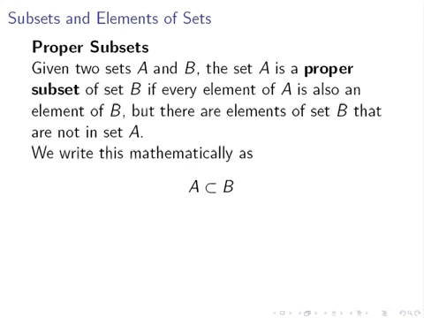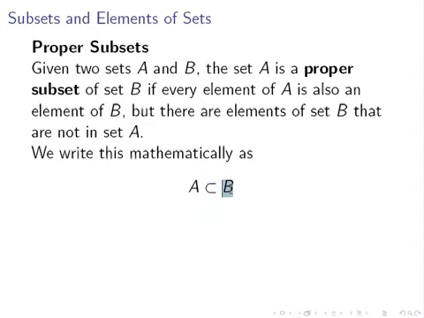A proper subset: if we have two sets A and B, the set A is a proper subset of set B if every element of A is also an element of B, but there are elements of set B that are not in set A. So we might write that mathematically as follows.